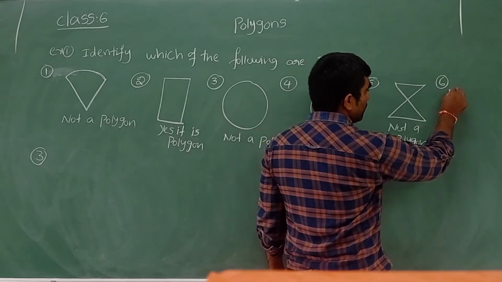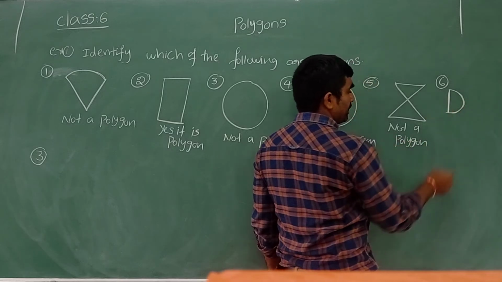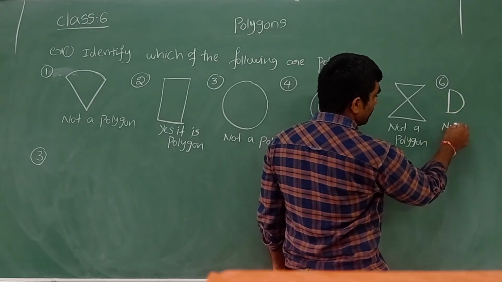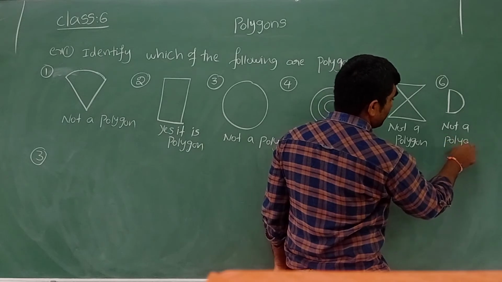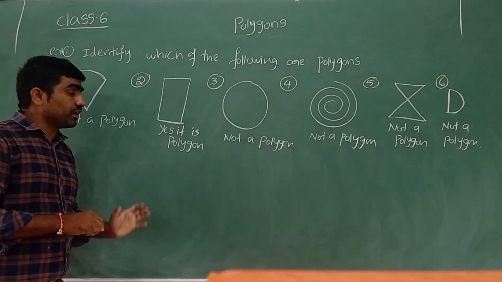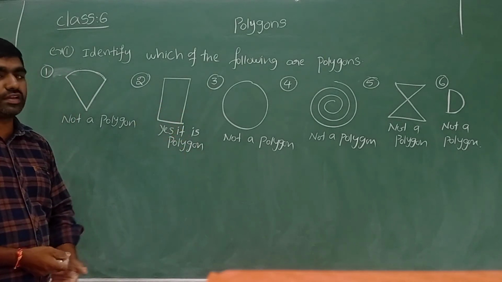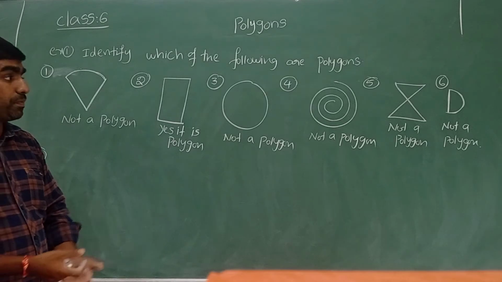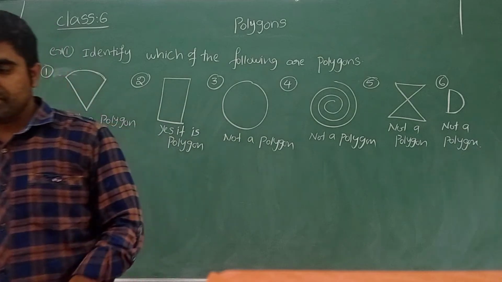Closed figure, but this is a curved line. It is not a line segment. Now we can write that it is not a polygon. That is the way we can identify whether the given figure is a polygon or not. When it is a simple closed figure bounded by line segments, then we can say it is a polygon. Simple closed means it should not cross itself like this.